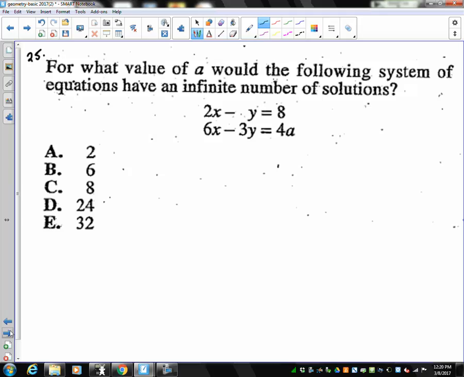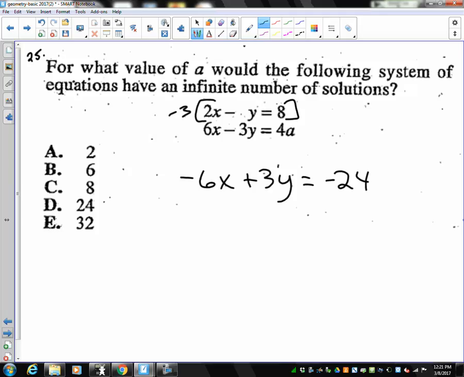So I could eliminate the X or the Y. In either case, what would you multiply that top equation by to get it to eliminate? Right, -3. Okay, let's just multiply the top equation by -3. So I'll get -6x plus 3y equals -24.